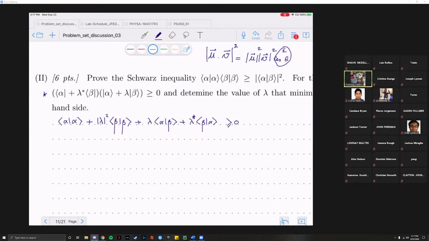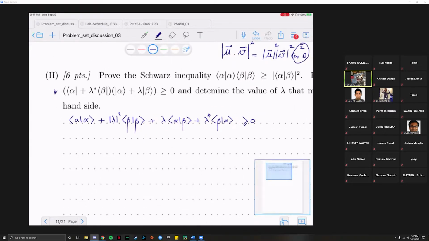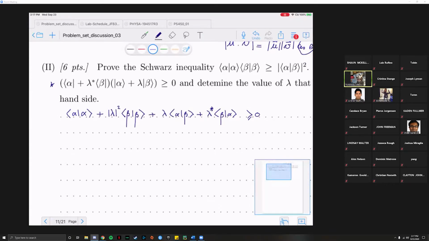So what I would do, I would rewrite lambda in a different form. And so maybe there are several ways to do that, but when I wrote the solution, I don't think that I had done that problem before this homework. When I wrote the solution for myself, what I did is the following.